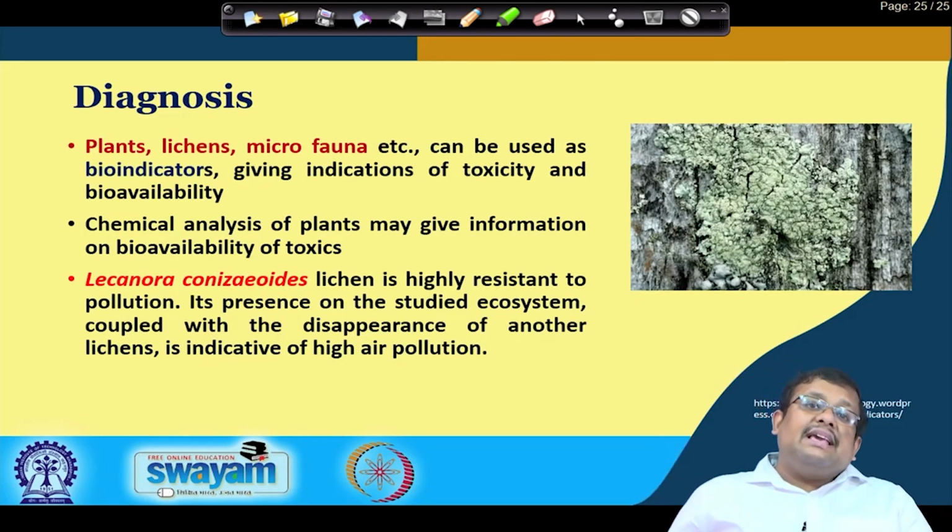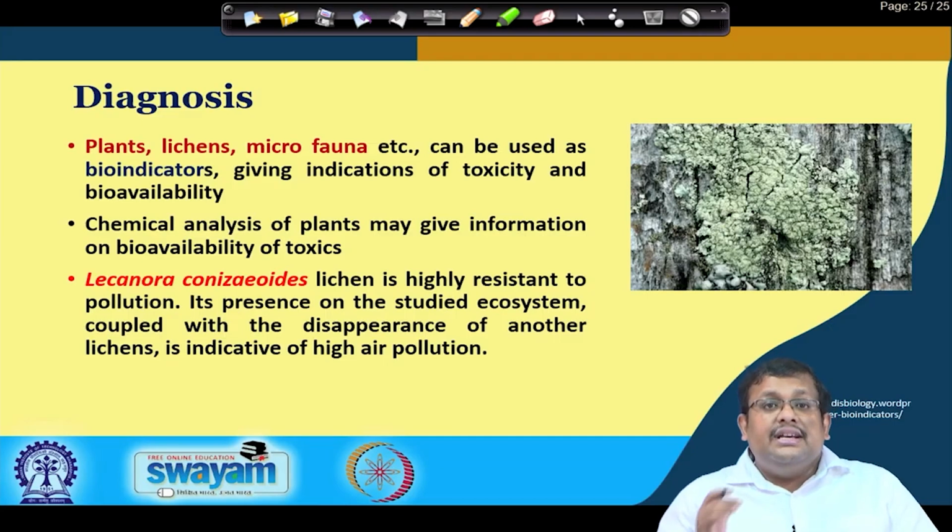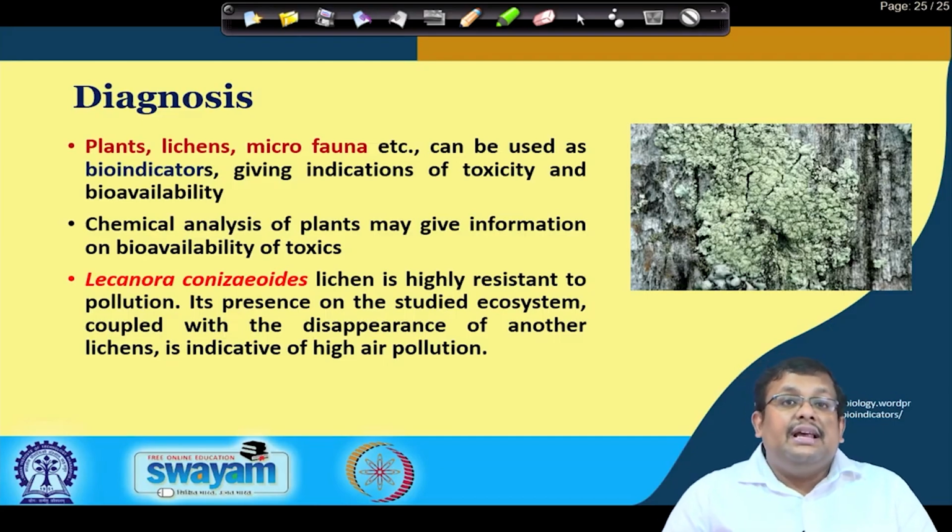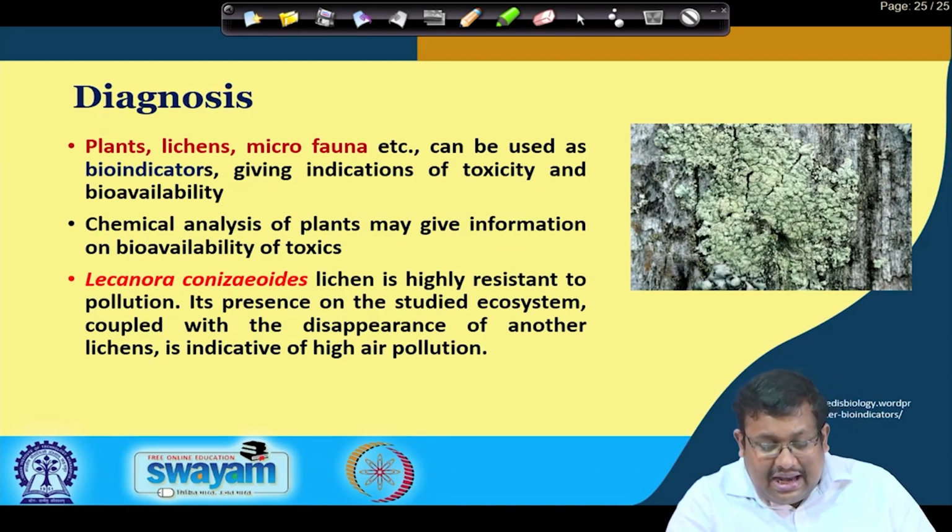Now, plants, lichens, microfauna etc. can also be used as bioindicators, giving indication of the toxicity and bioavailability, and chemical analysis of plants may give information on the bioavailability of the toxics. For example, I have shown here one lichen, Lecanora conizaeoides, and this lichen is highly resistant to pollution.